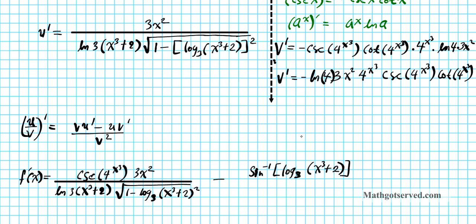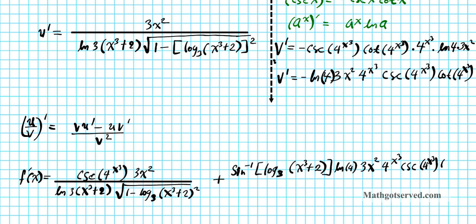So since we have a minus, it's going to change this to a plus, and then we can just put this entire expression in there. So it's going to be the natural logarithm of 4, ln 4, times 3x to the second power, 4 to the x to the third, cosecant 4 to the x to the third, cotangent 4 to the x to the third.